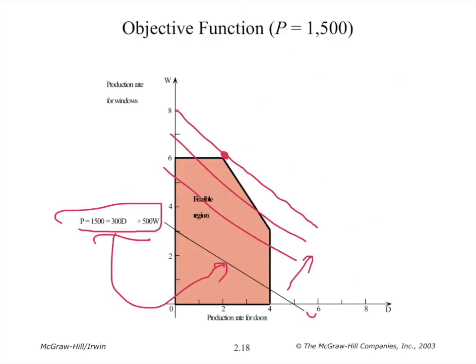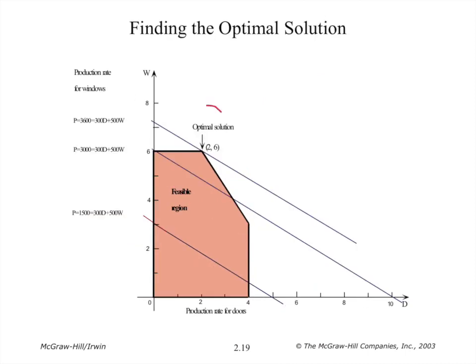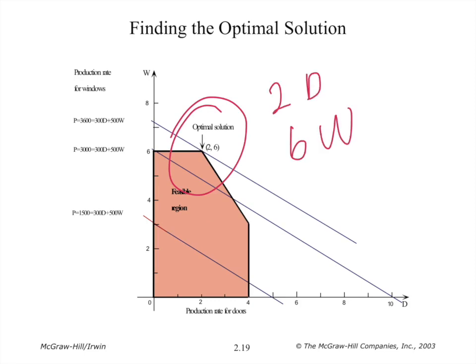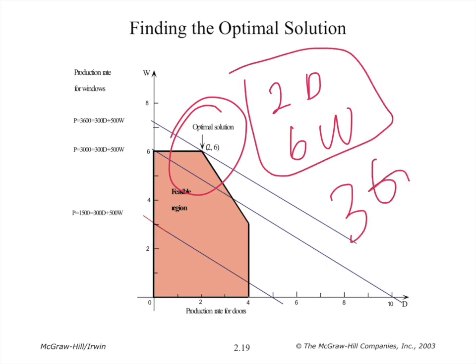Or you can find it using the graphical method, and the optimum solution is (2, 6), or 2 doors and 6 windows. How much is the profit here? $3,600.